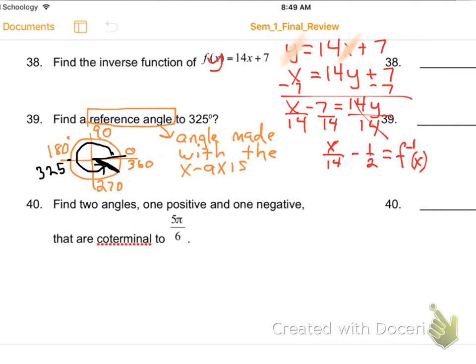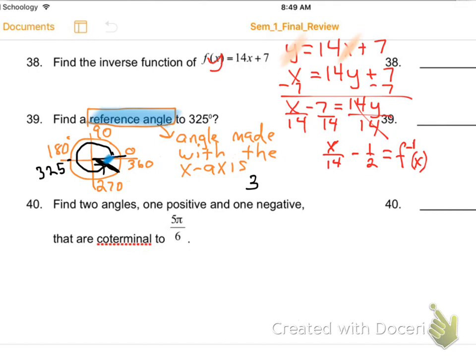But when they ask for the reference angle, what they're really asking for is, what is this angle right in here? Let me make it a little bit smaller so I can get in there. What is this angle right here, made with the x-axis? Well, all the way around a circle is 360, and I didn't quite make it.